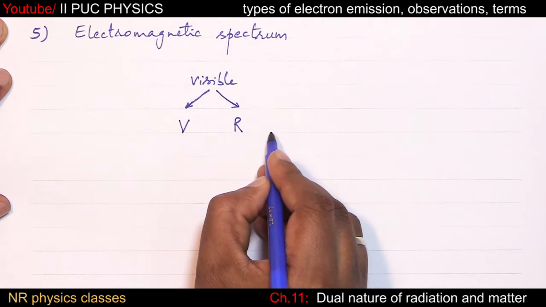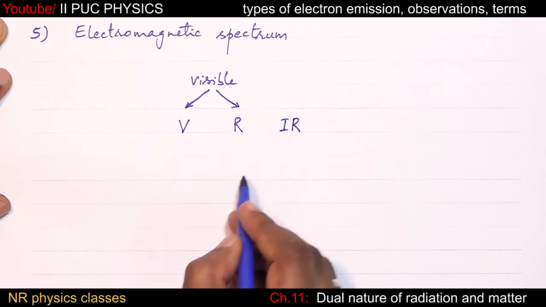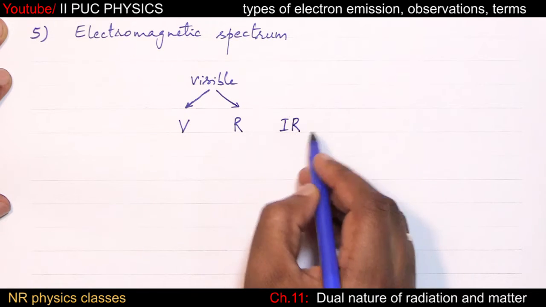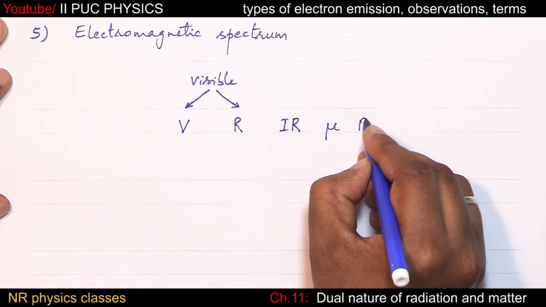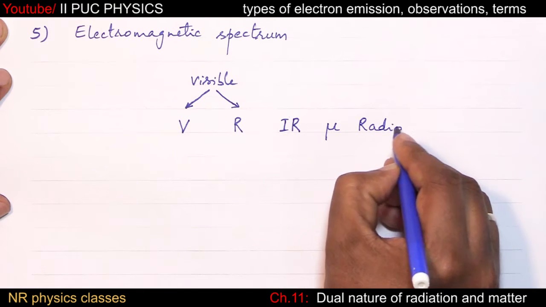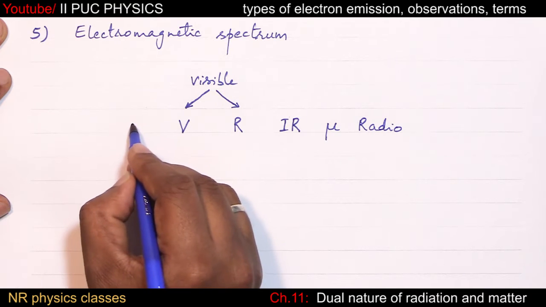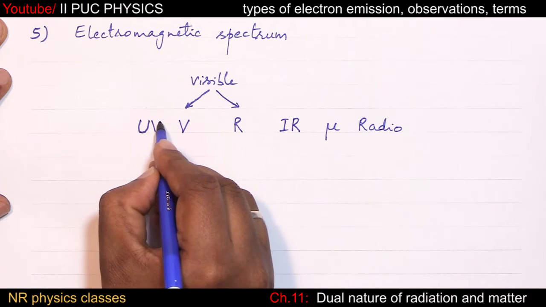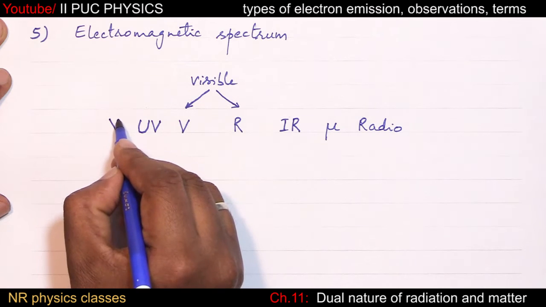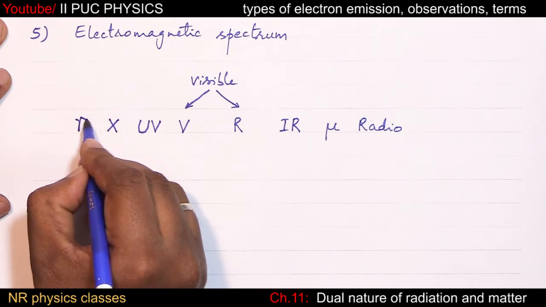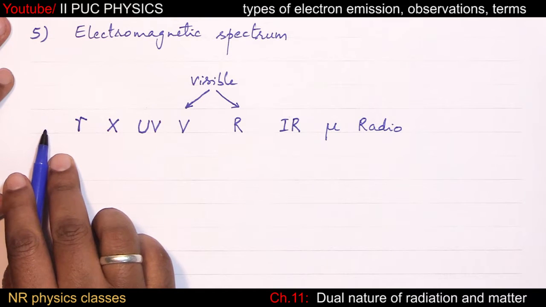Wavelength longer than red is infrared. Much longer than IR is microwaves, and after that radio waves. And wavelength shorter than violet, ultraviolet, UV. Much shorter than ultraviolet, X-ray, and then gamma. There is cosmic rays. Let us not use cosmic rays here.